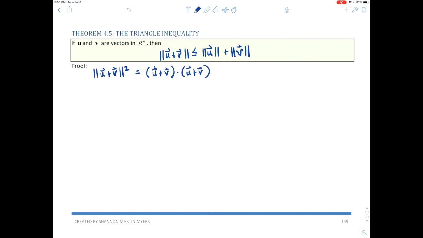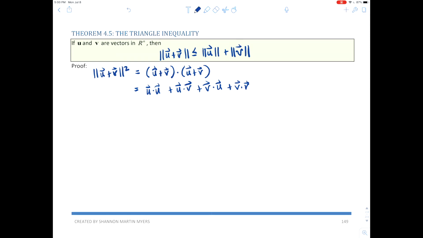Cool, cool. All right, now using those properties that we just learned for dot product, this is going to give us u dot u plus u dot v, I don't really need parentheses, plus v dot u plus v dot v.